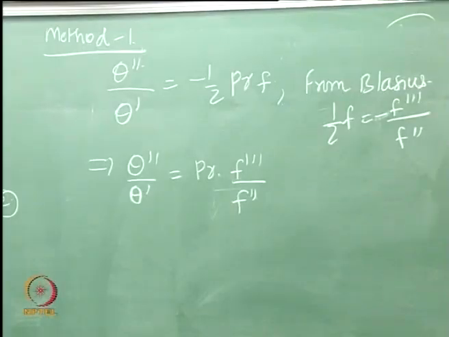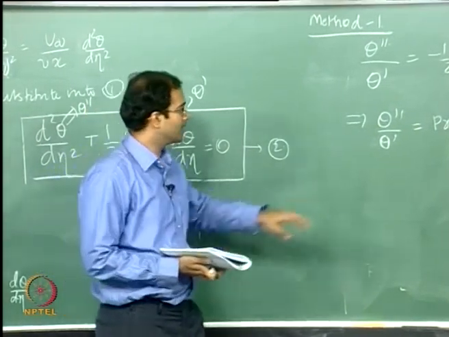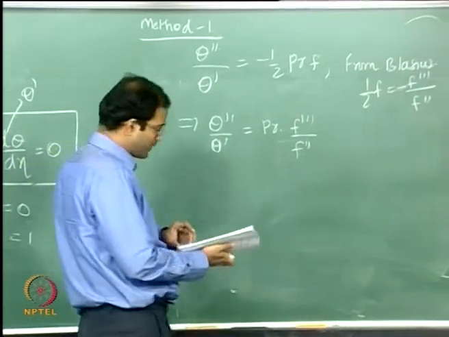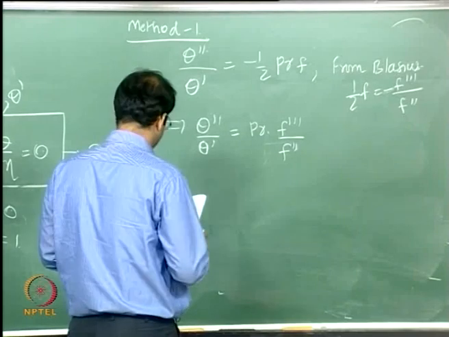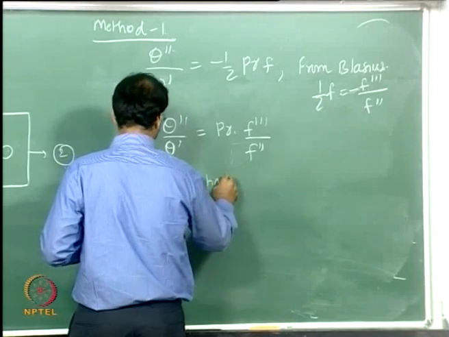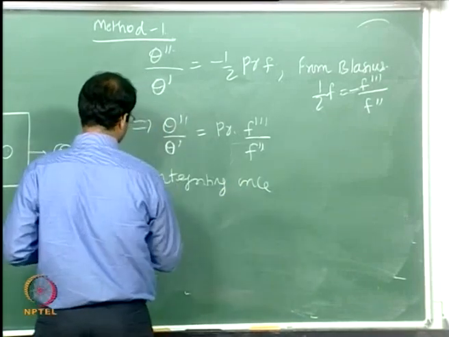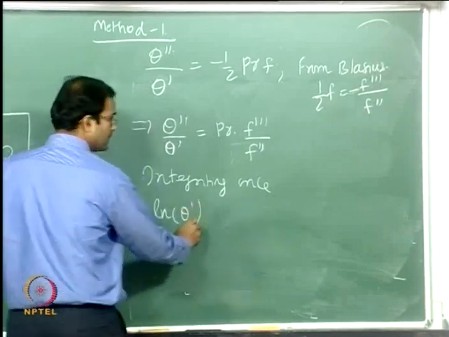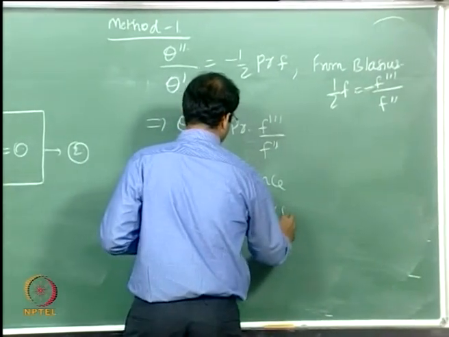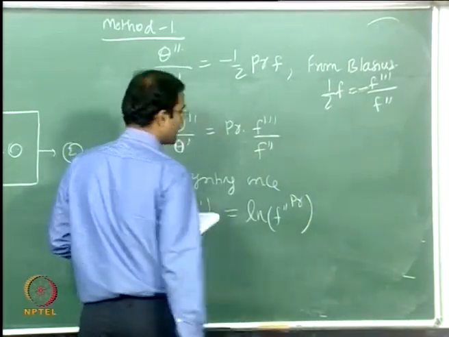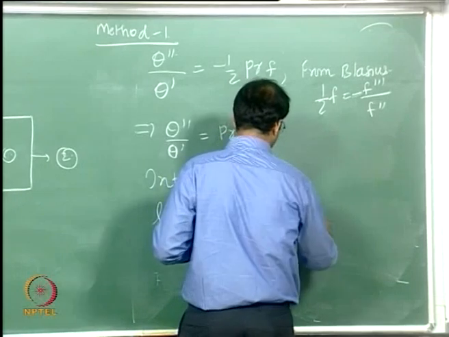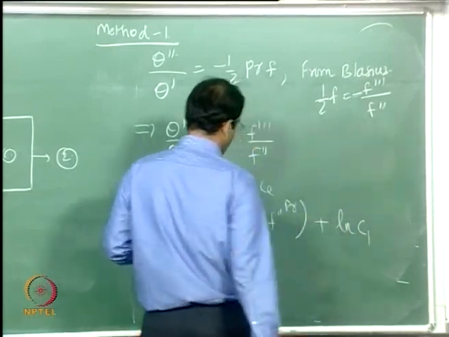So if I can now integrate it twice, I directly get the solution for theta. If I now integrate once with respect to eta, this will be ln of theta prime, which should be equal to Pr into ln of f double prime plus some constant, which I will write as ln of c1.